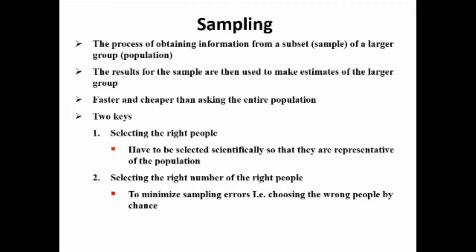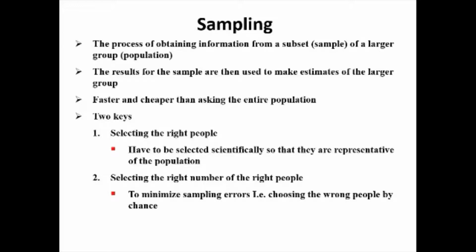Why do we use sampling? Sampling is faster and cheaper than asking the entire population. It is very fast and less costly. And again, while selecting samples, you have to consider two important key points.